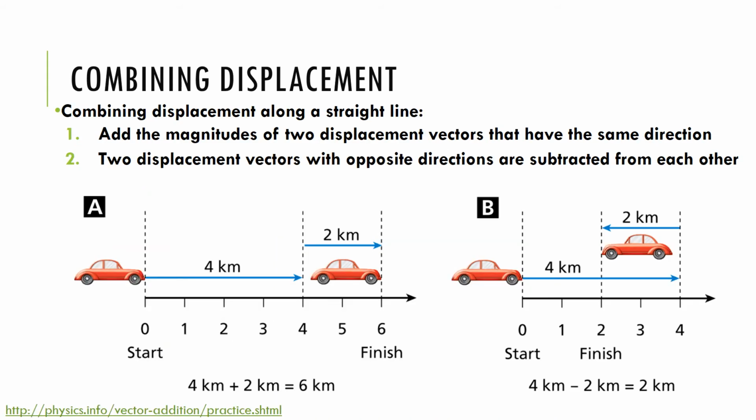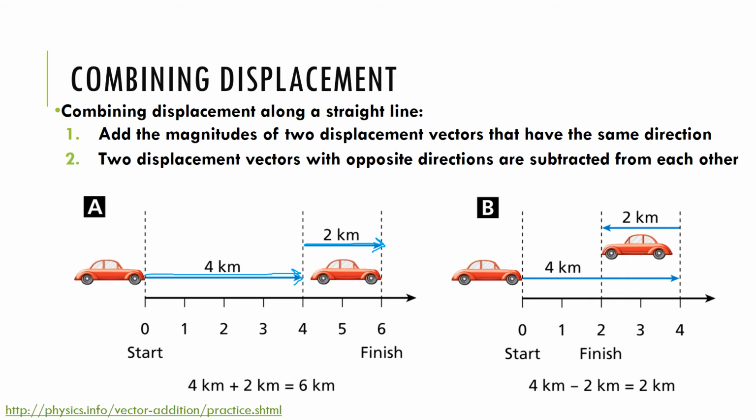Okay, so when you have directions in a straight line, it's pretty straightforward, especially if they're going the same direction, no pun intended. So if you look at diagram A, this car traveled 4 kilometers to the right, and then it traveled 2 more kilometers to the right. So that's easy, 4 plus 2, and that gives you 6, okay? Now, when you've got two vectors that are in opposite directions, you've got to subtract.